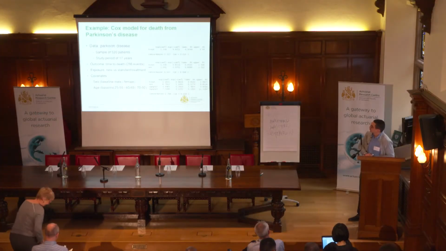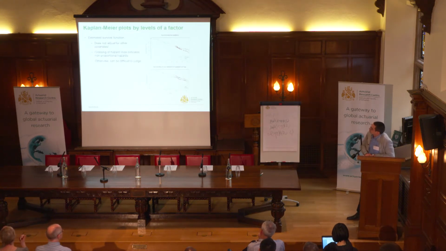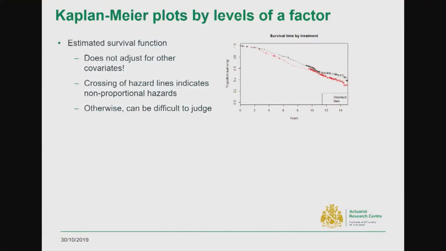So I will continue using this Parkinson data example. We have fitted the model, but we of course want to check the assumptions of this model. In this slide, we use some graphical methods which plot the estimated survival functions using the Kaplan-Meier method against time.